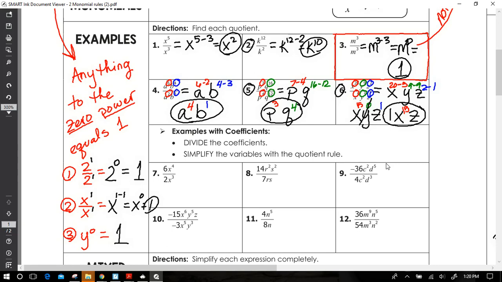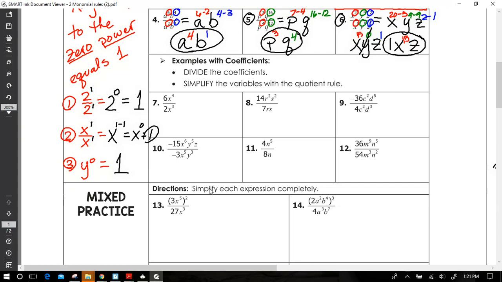Now we're going to come down a little bit and we are going to practice this some more, but I'm throwing in some coefficients to go with my variables. So some students start trying to subtract the coefficients, and I need you to be really careful because if you think about this as an isolated division problem, 6 divided by 2, well, 6 divided by 2 equals 3.